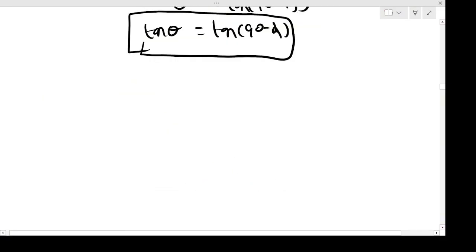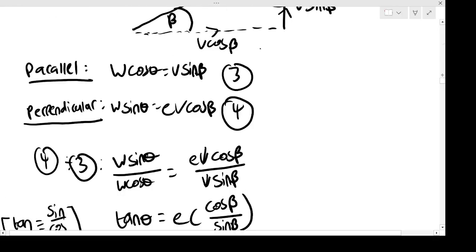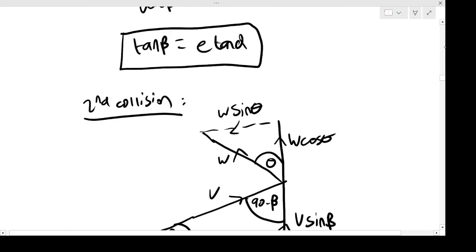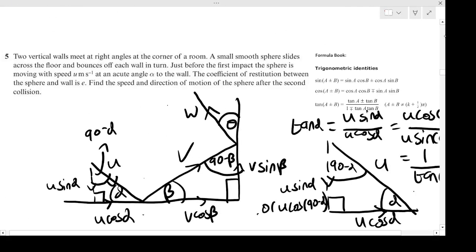Now again, thinking back to my common techniques, when we got this situation here with tan of two angles, because the two angles are going to be less than 90, okay, we're told that in the question, right? The angle alpha is acute, okay?